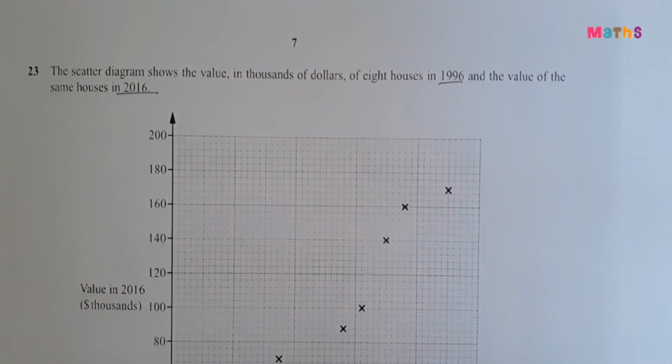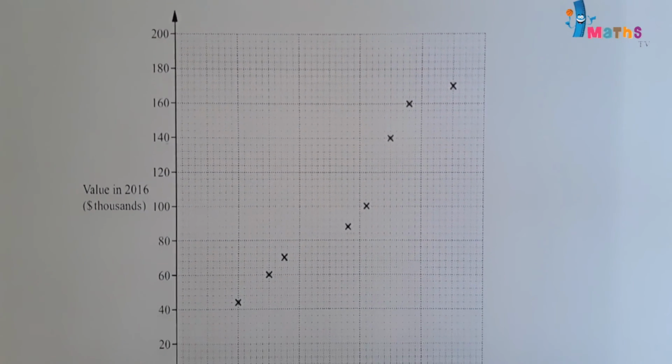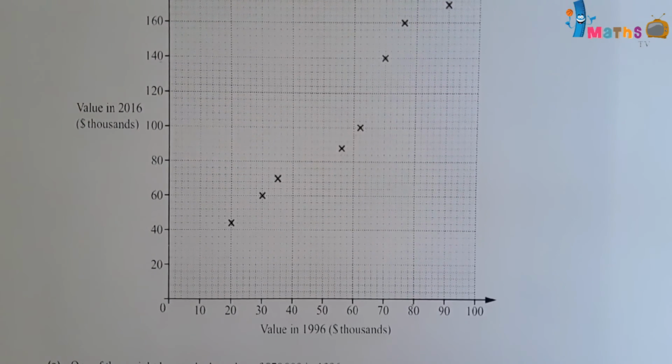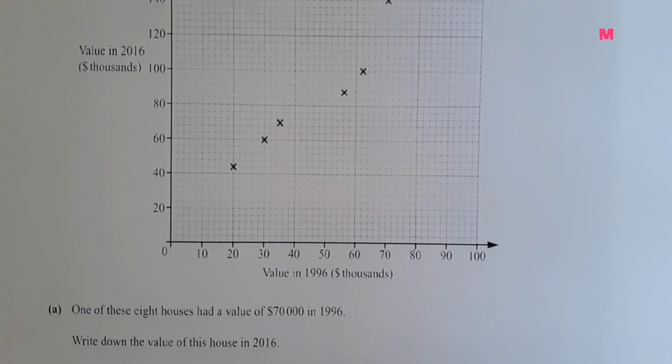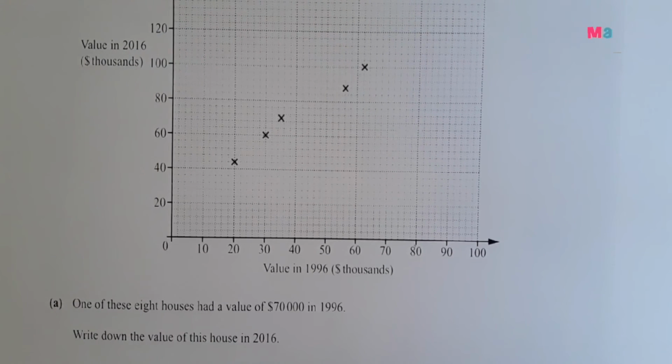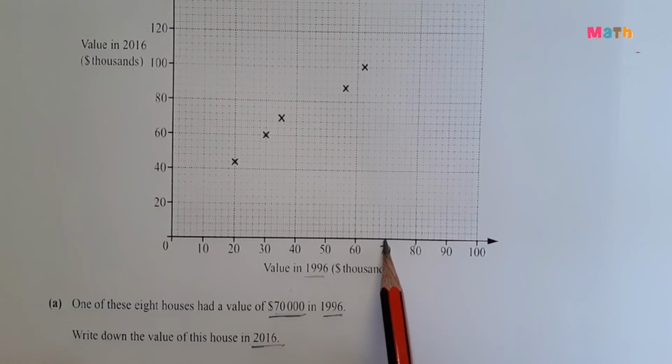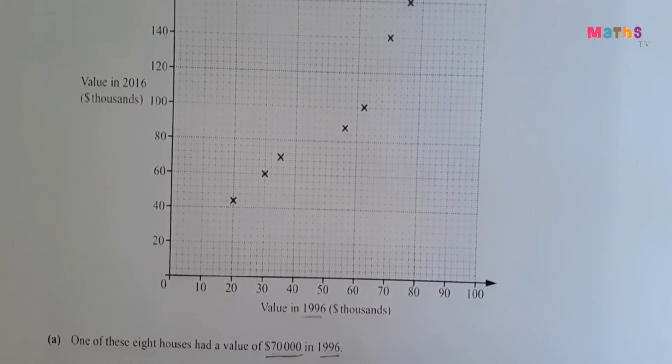This scatter graph is provided, and values of 8 houses are shown. Part A: one of these 8 houses had a value of 70,000 in 1996. Write down the value of this house in 2016.